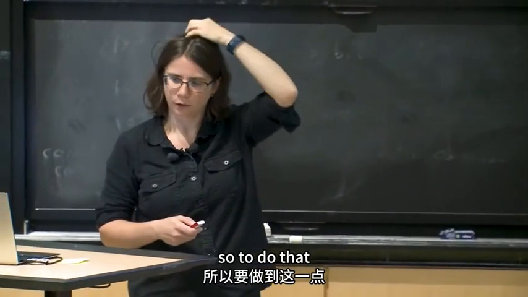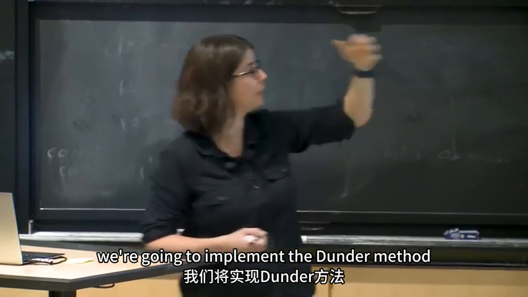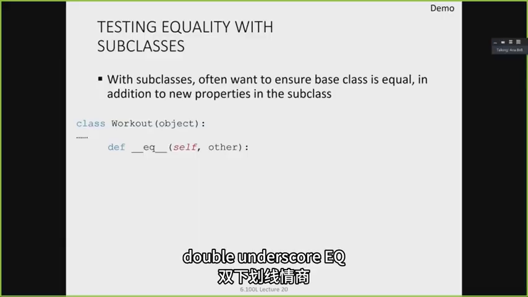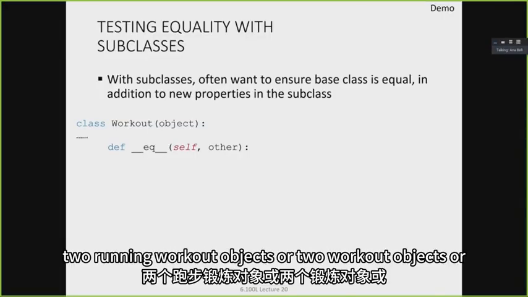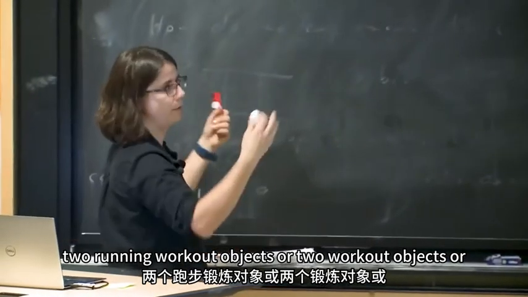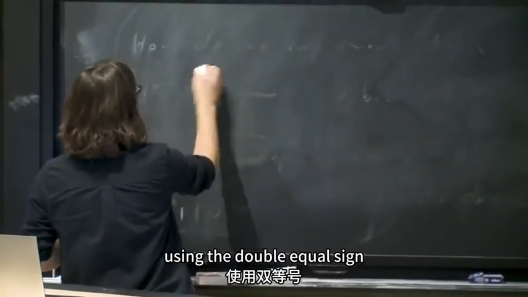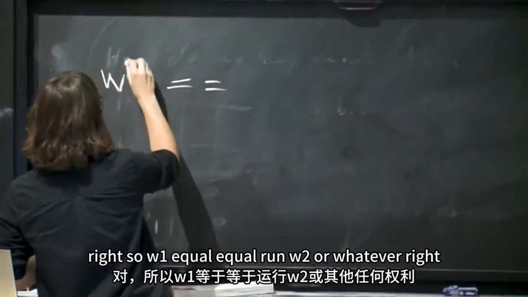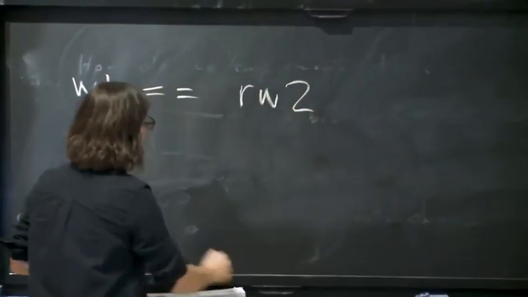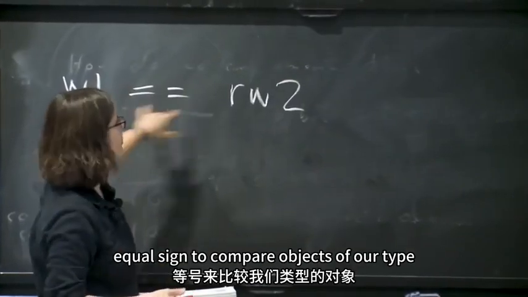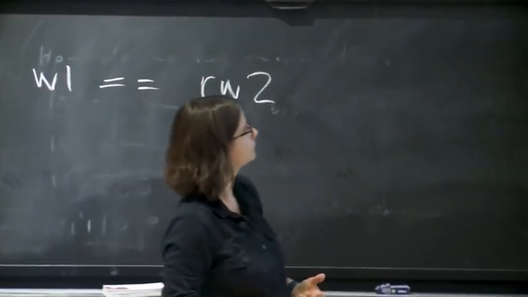So to do that, we're going to implement the dunder method __eq__. This will allow us to compare two running workout objects or two workout objects or running and workout objects using the double equal sign, right? So W1 equal run W2 or whatever, right? So we can use the double equal sign to compare objects of our type.